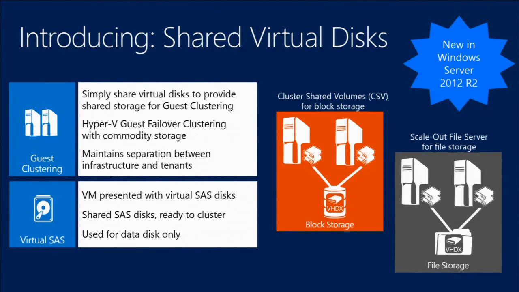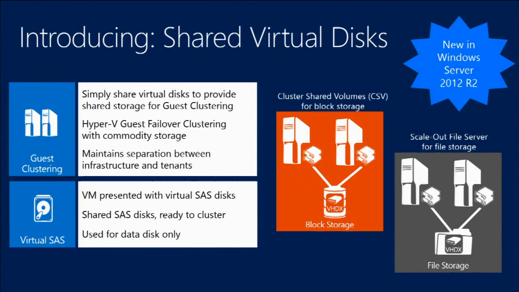And then there's the fact that we're now talking a lot about cluster storage spaces, and we're talking a lot about scale-out file server storage solutions, and those did not have a straightforward way to be taken to the guest. And that takes us to our new feature, which is the ability to simply have shared storage for your guest clusters using shared VHDX files.